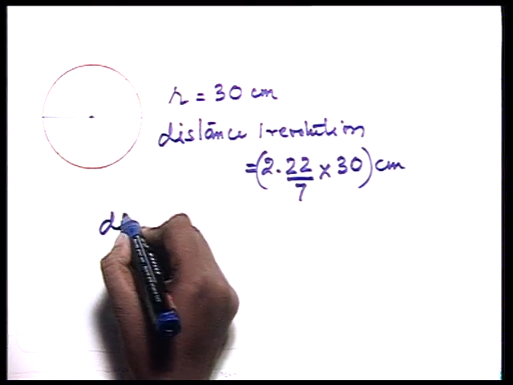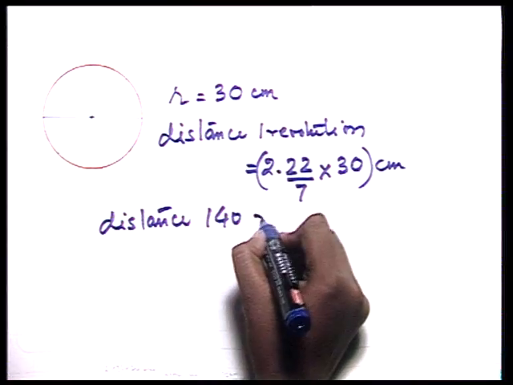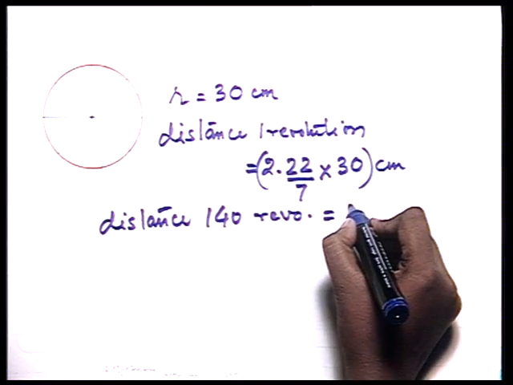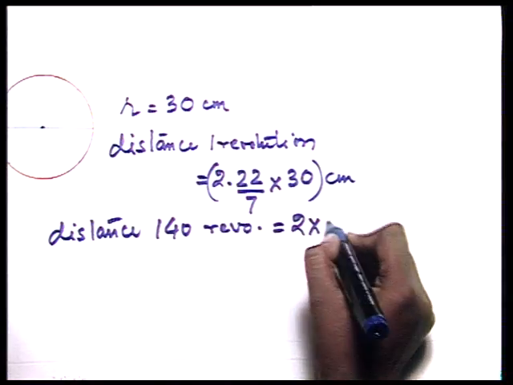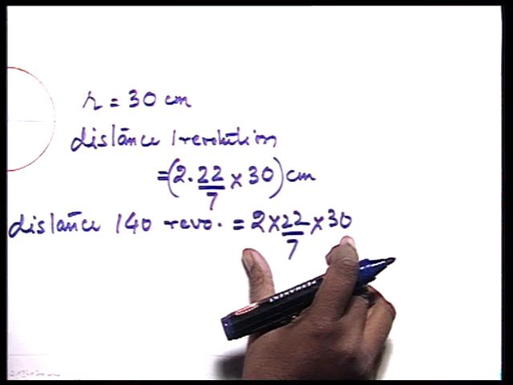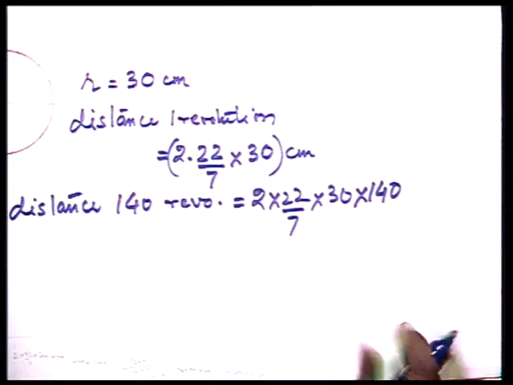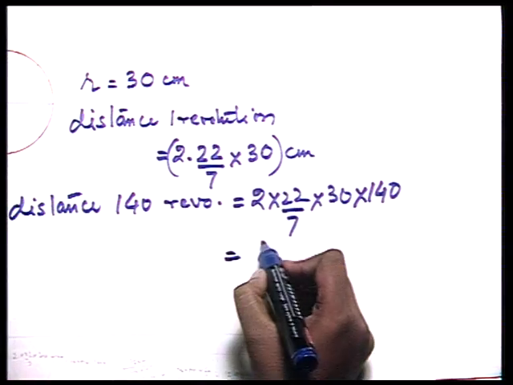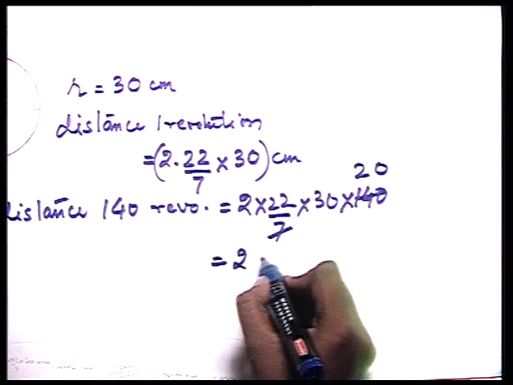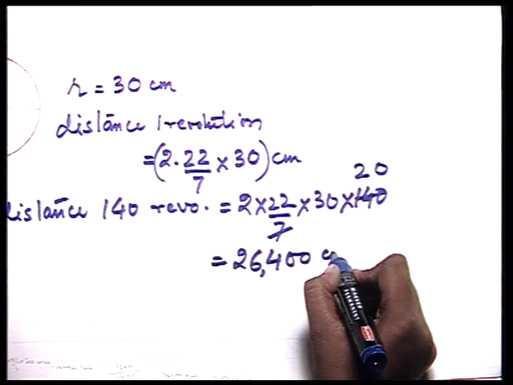So, the distance covered by this wheel in 140 revolutions will be equal to 2 multiplied by 22/7 into 30, that is the distance in one revolution multiplied by 140. So, that gives us 26,400 centimeter.